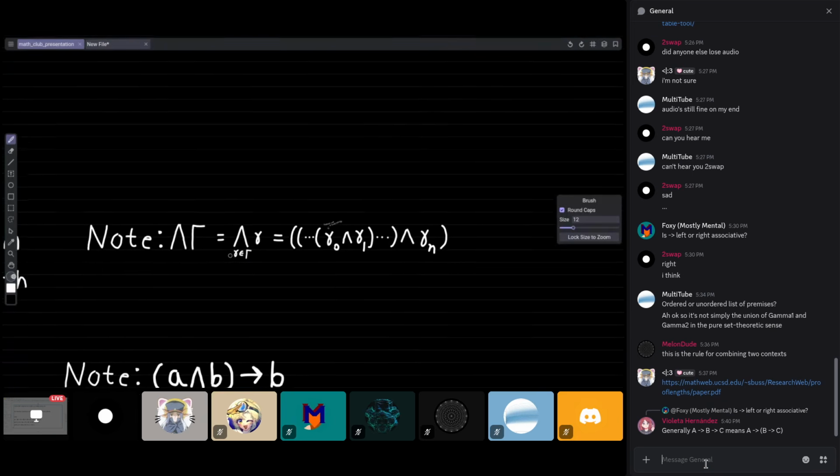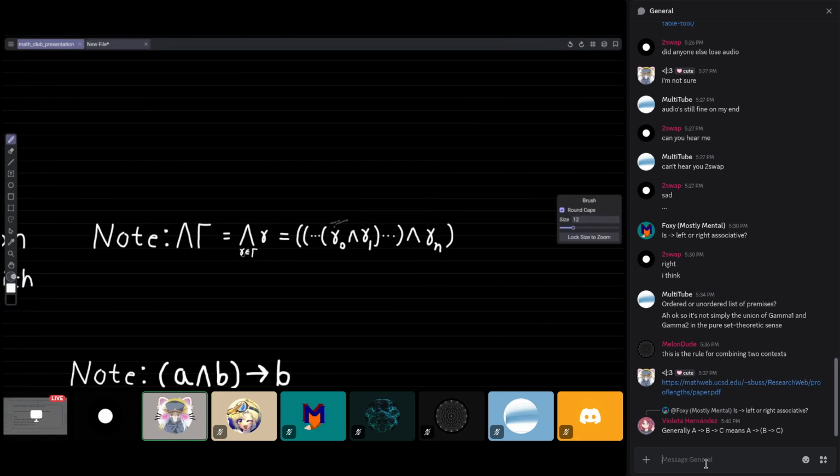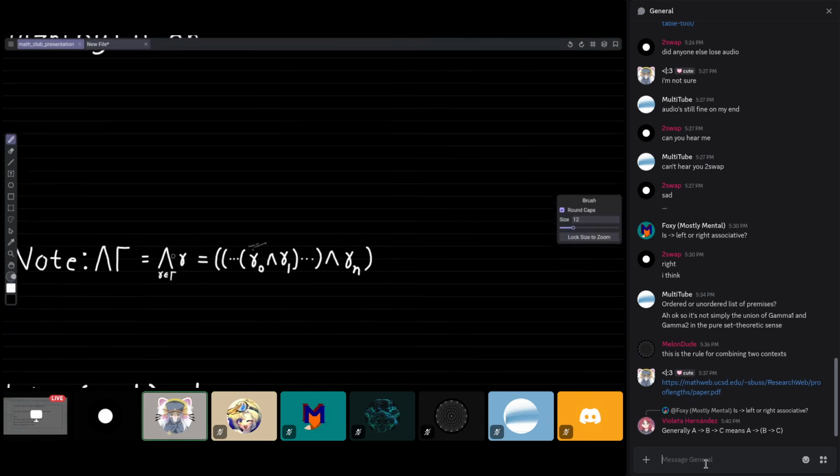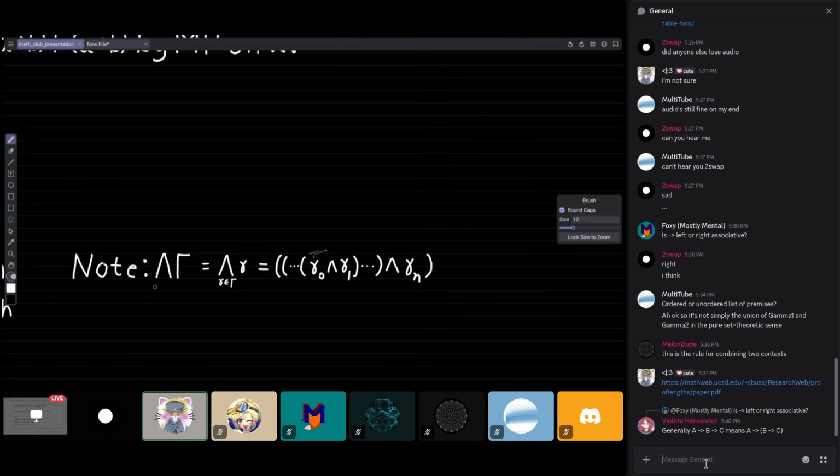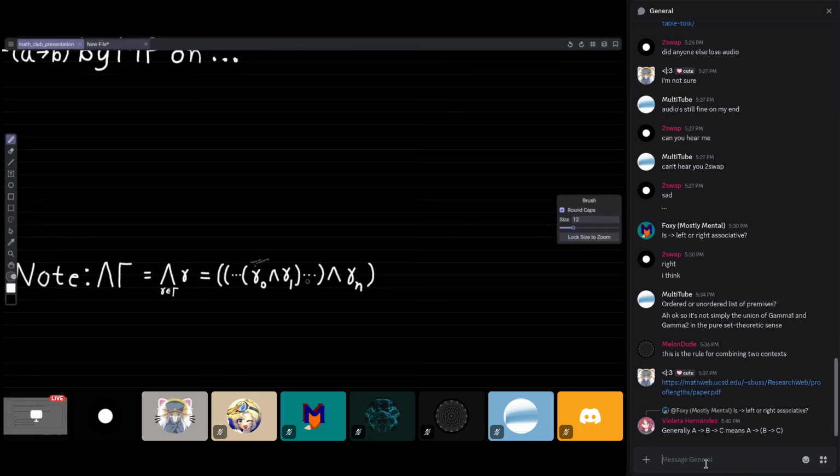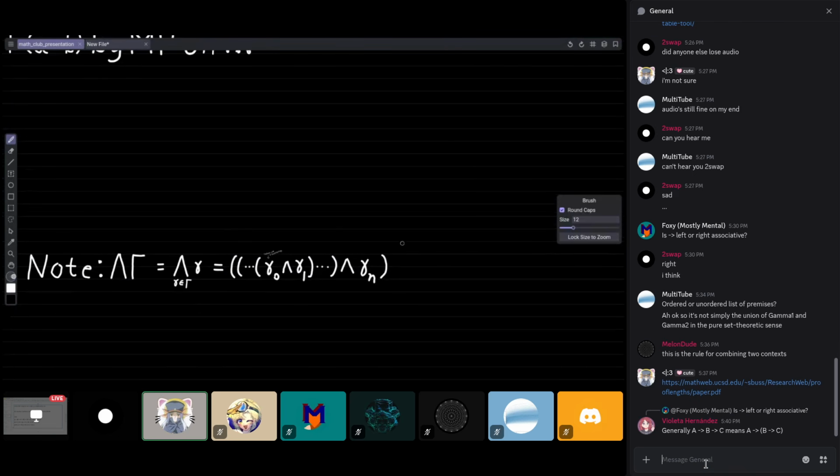So let's say gamma is in the context, and gamma 0 is at the beginning of the context, then the conjunction of the context is just gamma 0 and gamma 1 and gamma 2 and so on. But notice it associates to the left. That's important, and we'll get to that later.